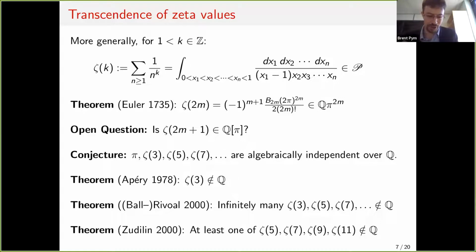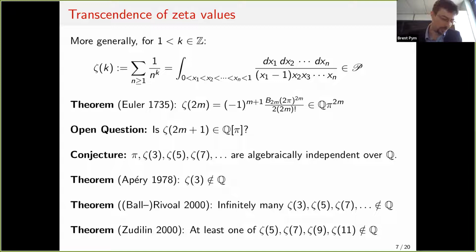And an even stranger statement is that of the next 4, after the one dealt with by Apéry, there's zeta 5, 7, 9, and 11. And it's known that at least one of those has to be irrational. But again, we don't know which one. Probably all of them, but anyways, at least one of them.